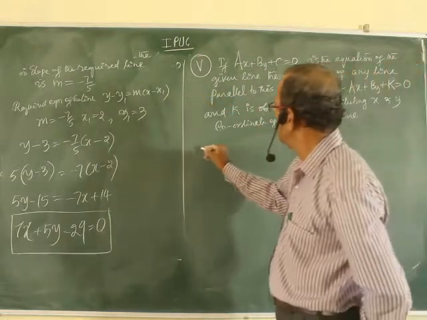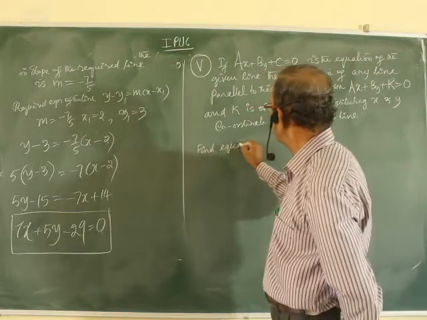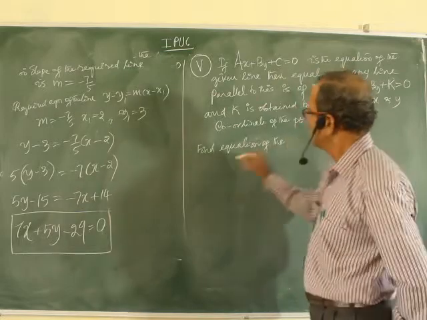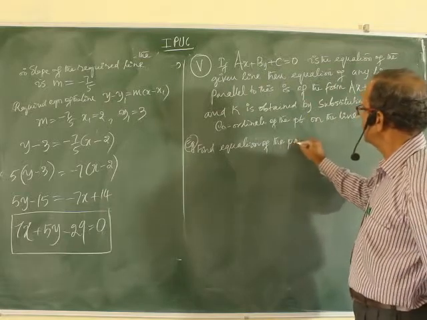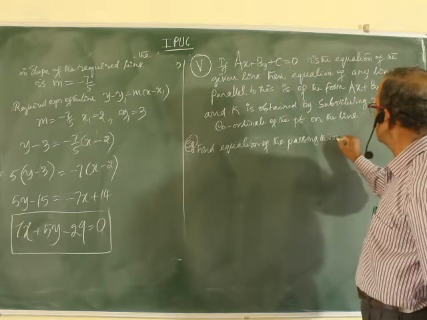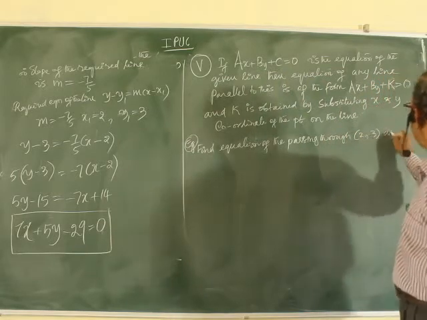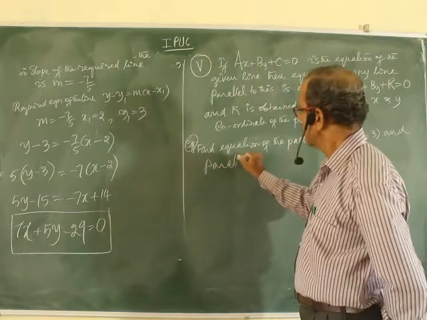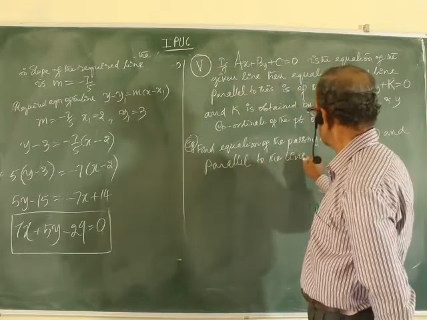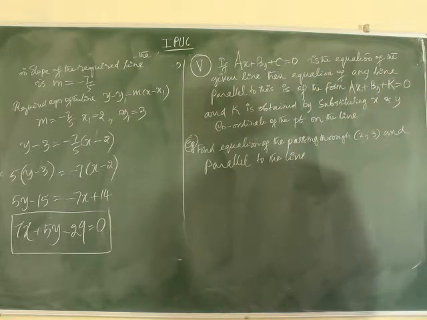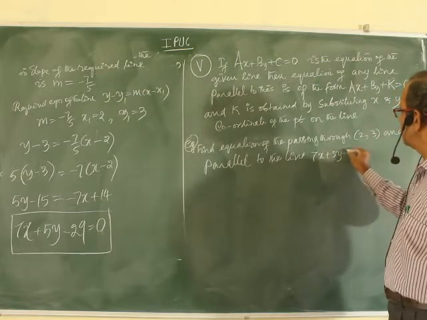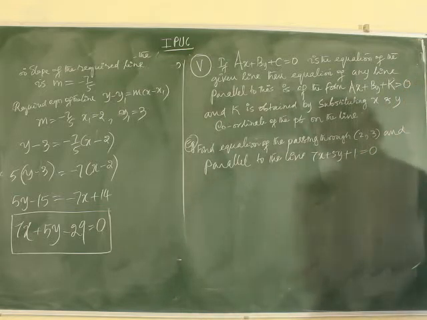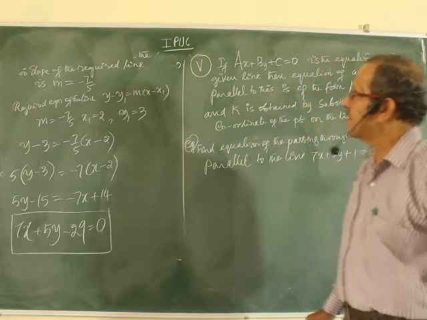Let me write the same example: find the equation of the line passing through 2, 3 and parallel to the line 7x + 5y + 1 = 0.